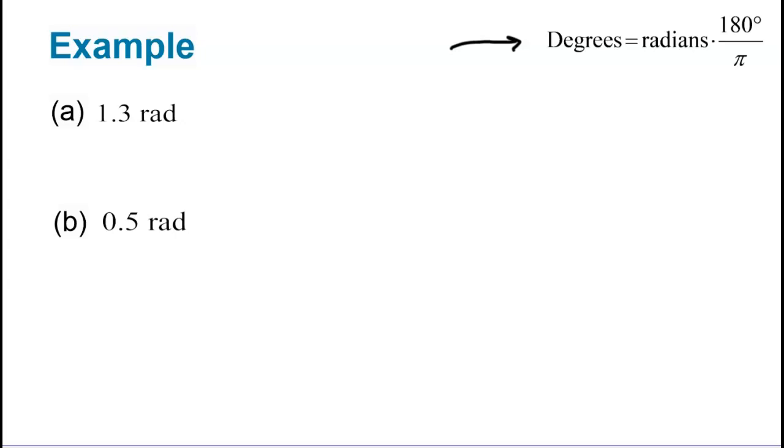Okay, so let's go ahead and solve these together then. And this one is going to be 1.3 radians times 180 degrees over pi.